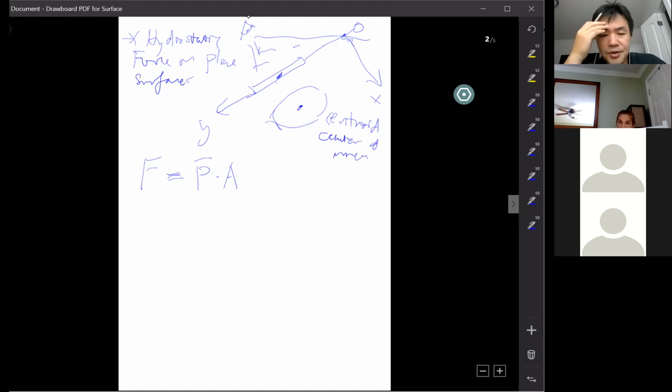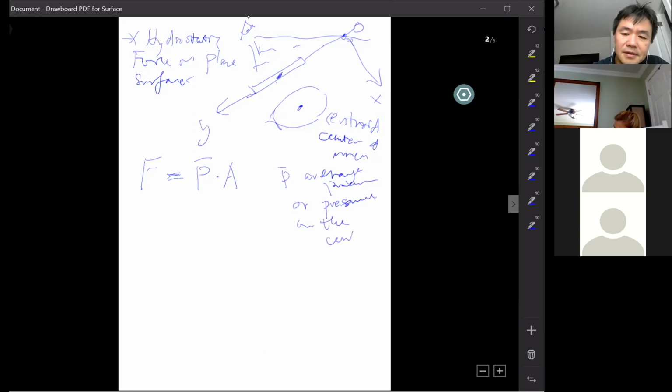The pressure at the centroid, the center of the area, we can use as the average pressure. So that's easy, right? If you can identify the central location.